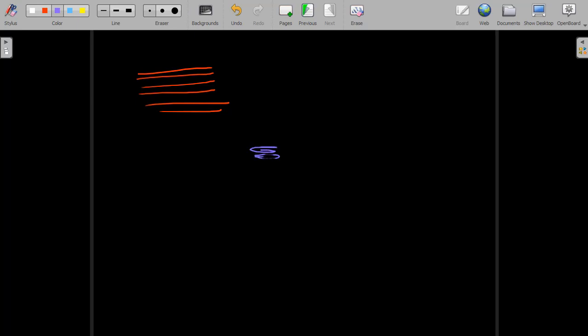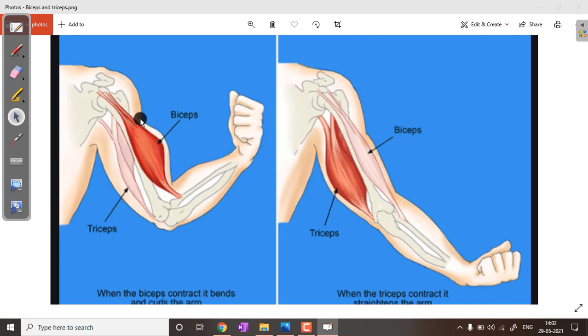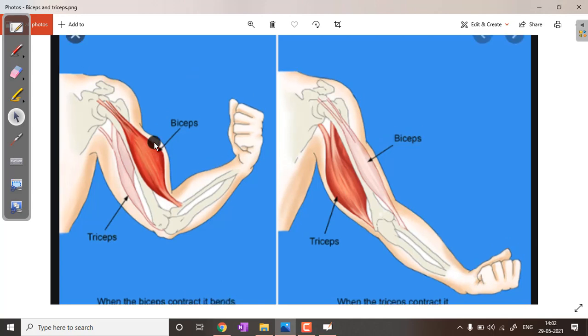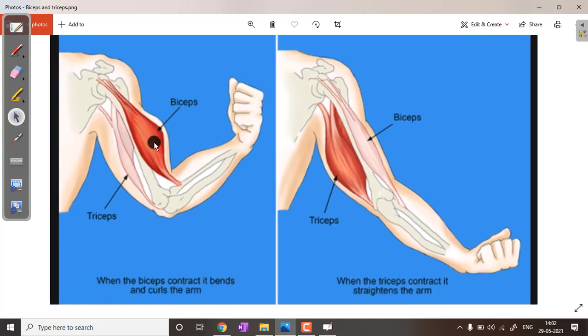So just fold your hands and feel it on your upper arm. You will see something on the upper arm has come outside. It is swollen. Why? Because these muscles become short in length, and when they become short in length, they swell. They become enlarged. So the first point you have to remember is when the bicep contracts, it becomes short in length and it becomes swollen. When it becomes short in length, it will obviously pull the bone to which it is attached.